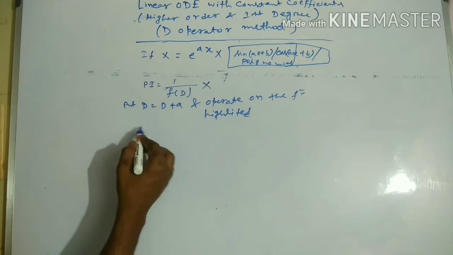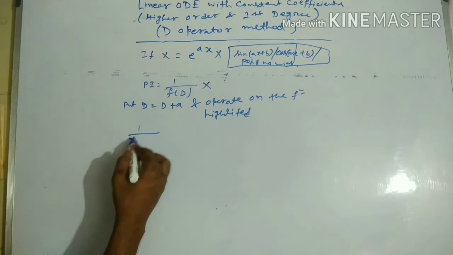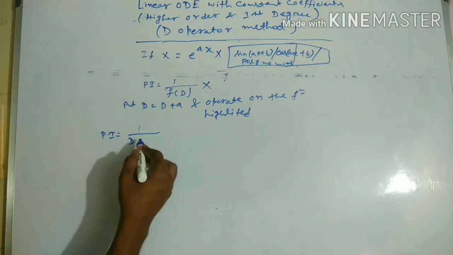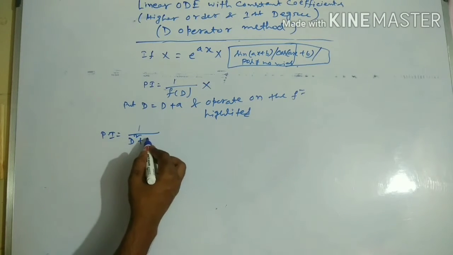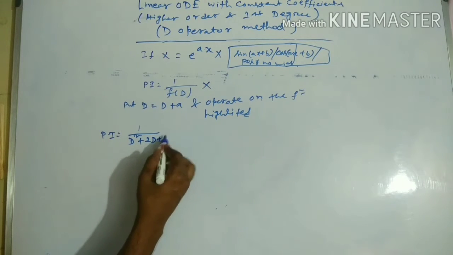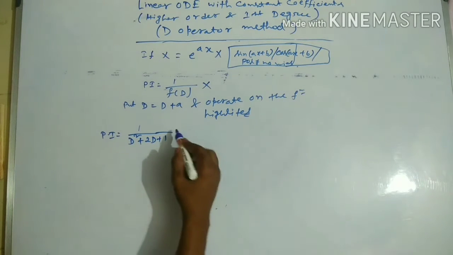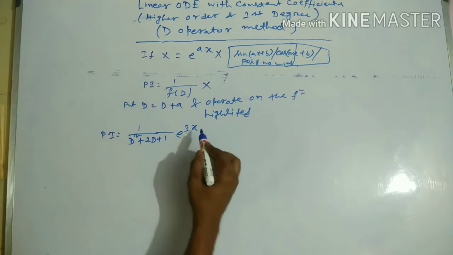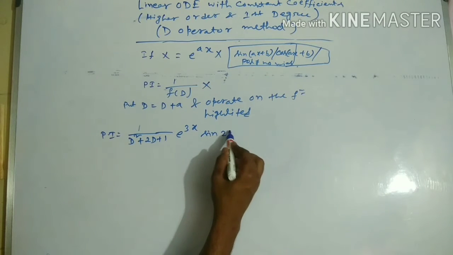I am giving an example. Suppose the PI is 1 by D square plus 2D plus 1 operating on e to the power 3x into sine 2x.